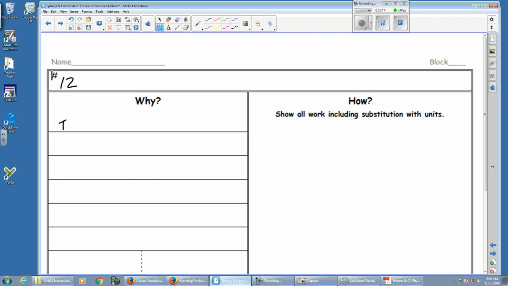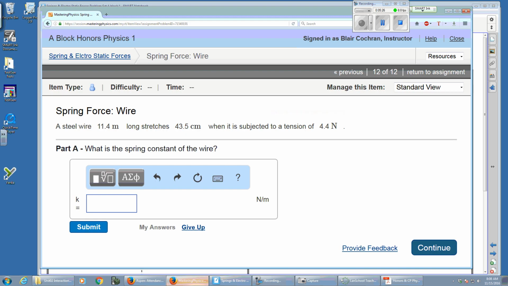So I would show that the wire acts like a spring. What happens when you apply a force to a spring?